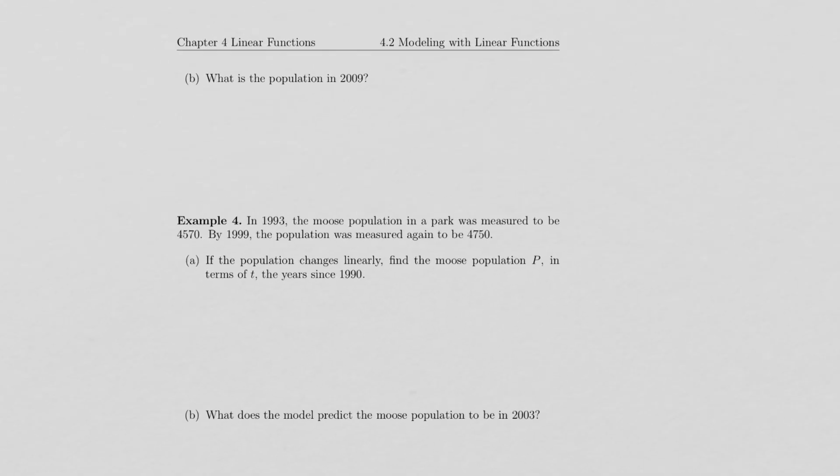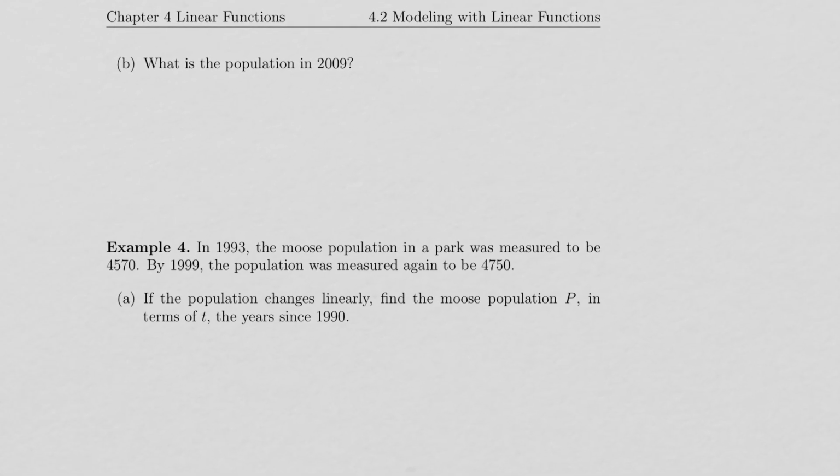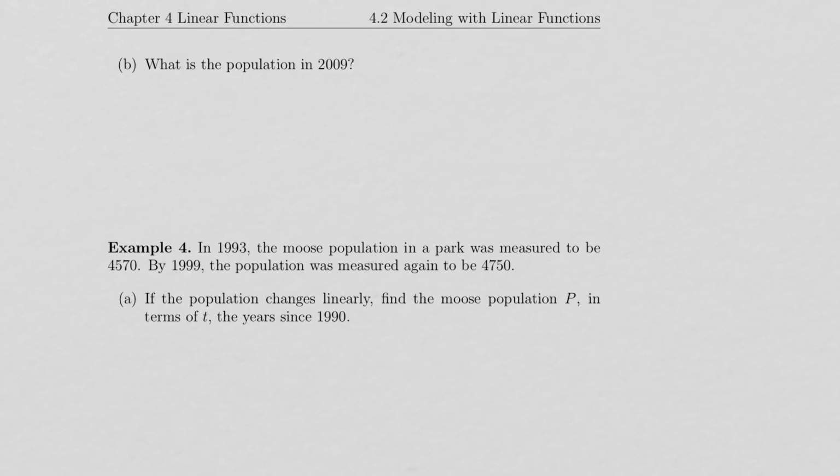So to answer that, I can just plug into my function now, right? I have the function p as a function of time. Since I know that p for any time is equal to 700t plus 65,000, I want to find p of 6, because that will be the year 2009 when t equals 6.